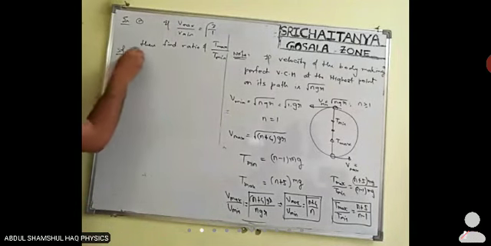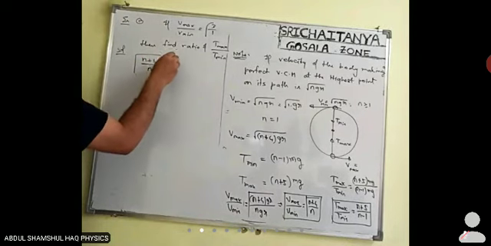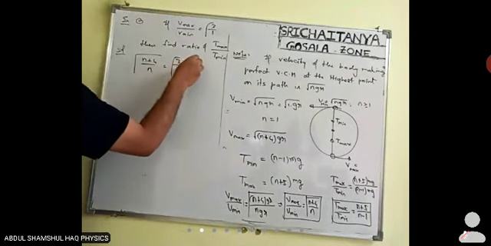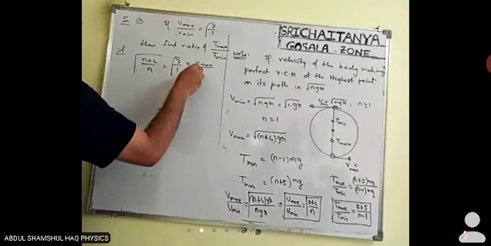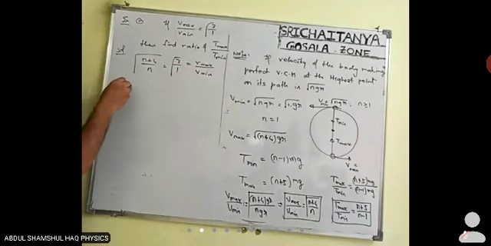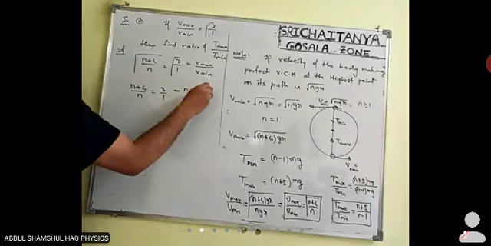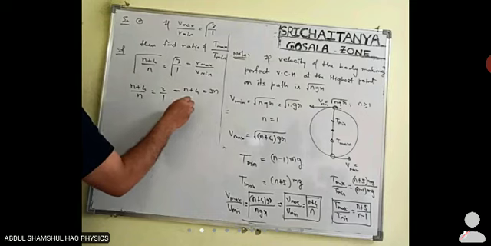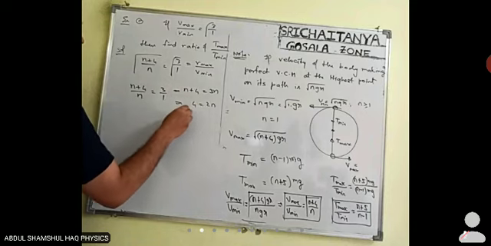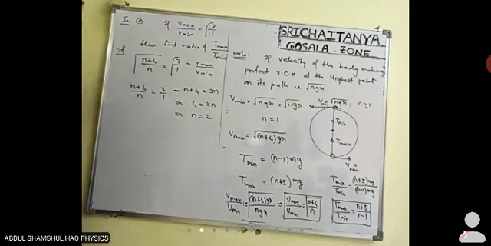Solution. Root n plus 4 by n is equal to root 3 by 1, which is V maxima by V minima. So n plus 4 by n is equal to 3 upon 1. n plus 4 equals 3n. 4 equals 2n. Then n value will be equal to 2.